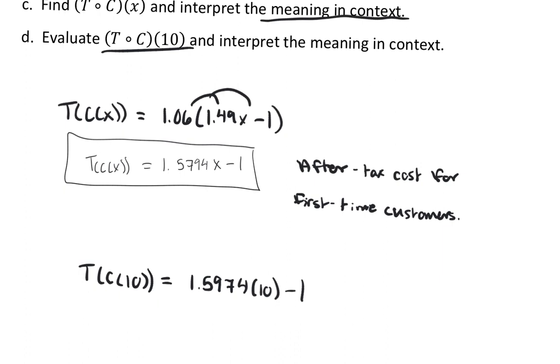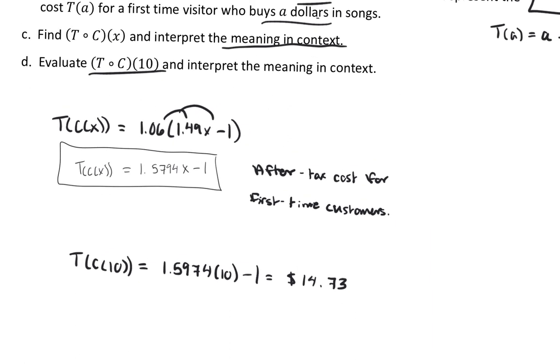And that is going to give us a value of $14.73, which means that for first-time customers, 10 songs cost $14.73. Perfect.